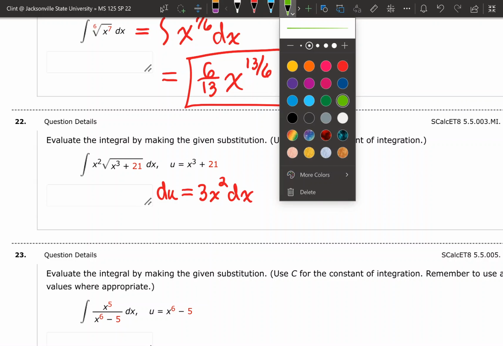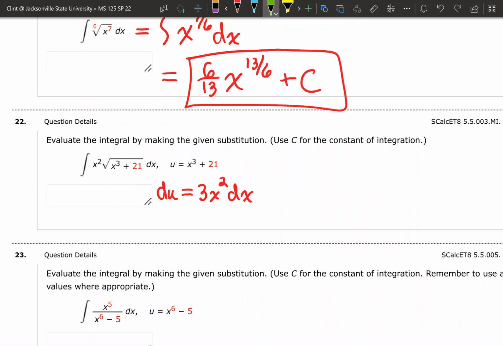So that part's u. So the part we got left over is x squared dx, but we got 3x squared dx.